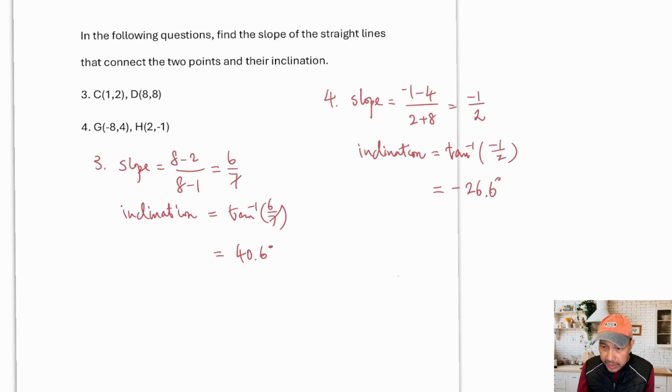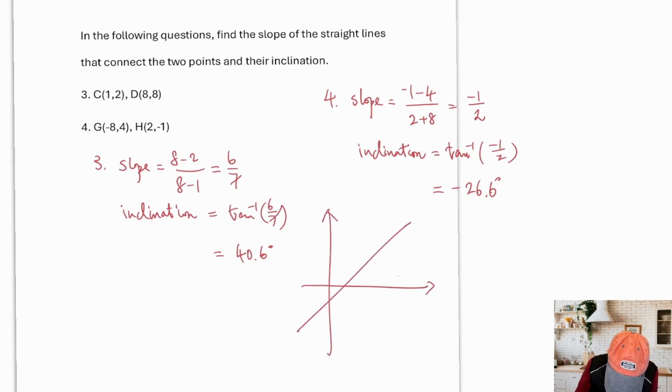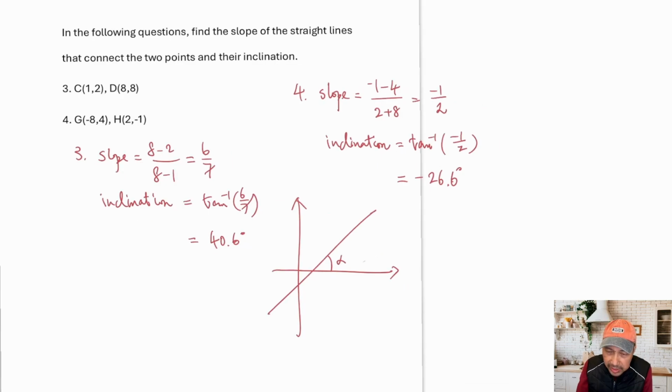Now we obtain a negative inclination. How do we interpret this? Perhaps we go back to the definition of inclination: the angle between the line and the positive side of the x-axis. Essentially, the inclination has a direction. If it is anti-clockwise, it is positive. If it goes clockwise, it's defined to be negative.